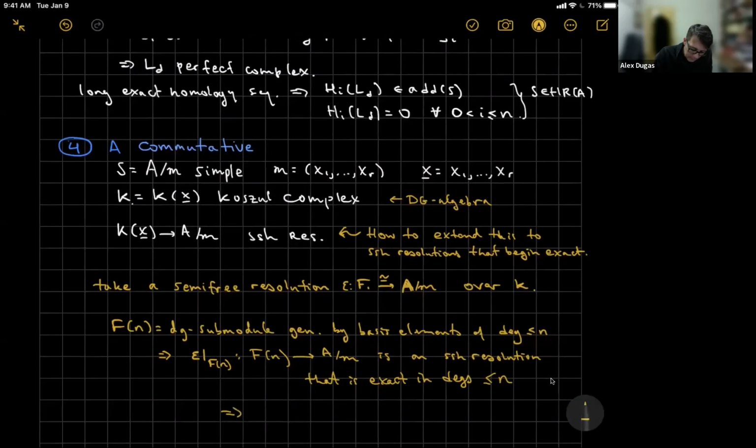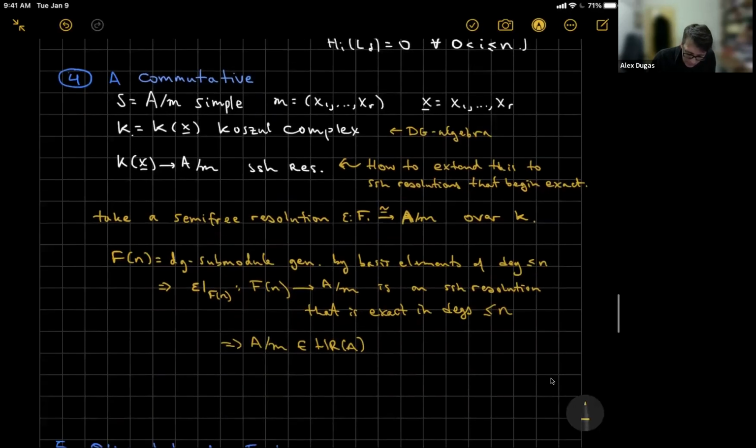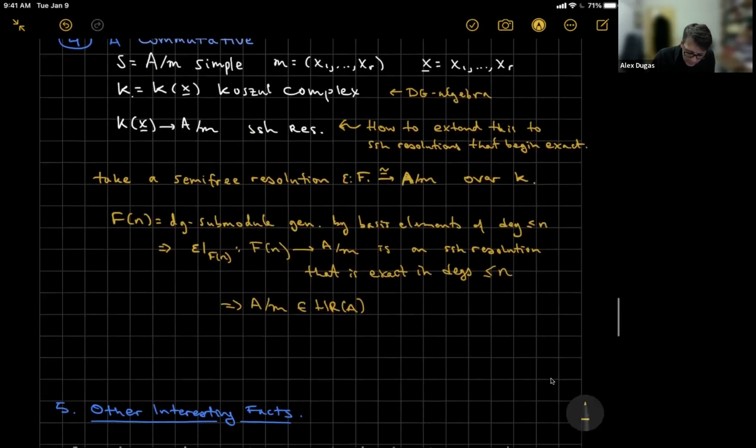And so again, this shows that the simple module A over M is highly SSH resolvable, and thus so is every finite length module. Okay, so I just have a few minutes left, so those are just quick sketches of the proofs in two cases.